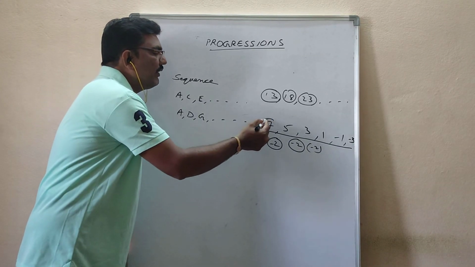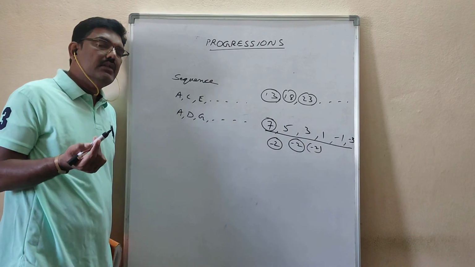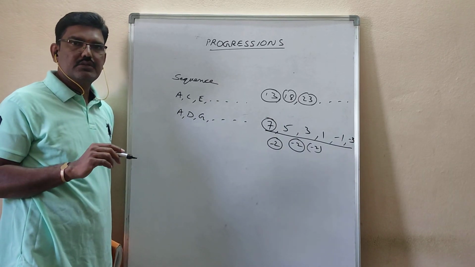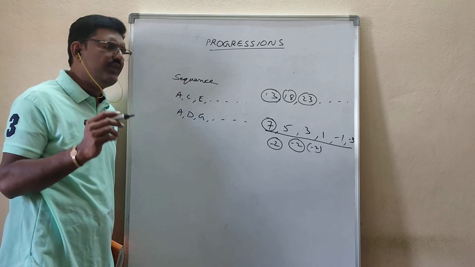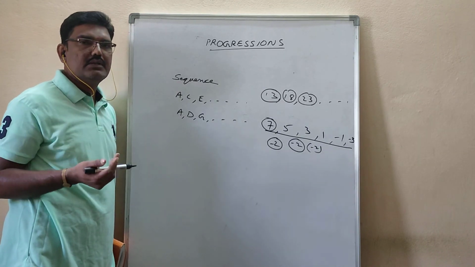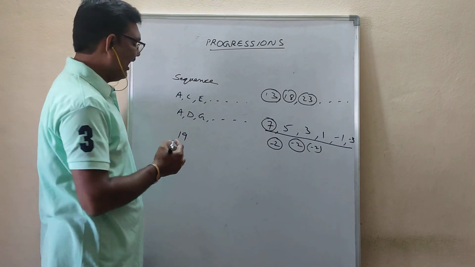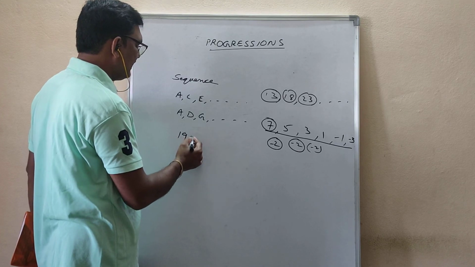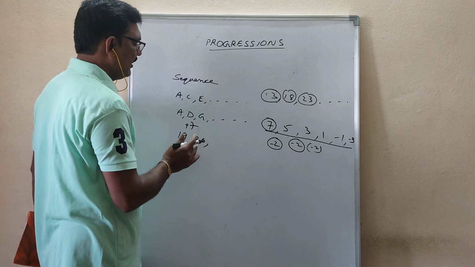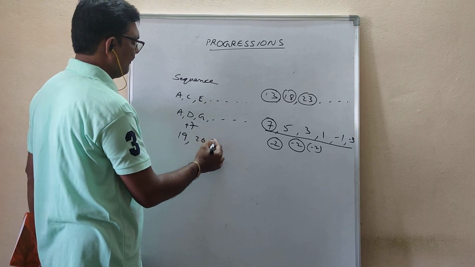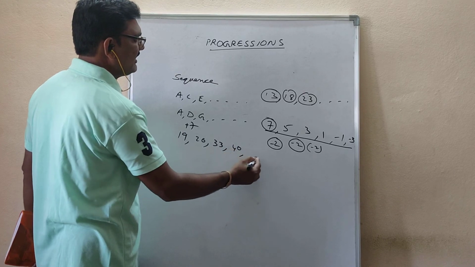For the first term either you have to do addition or subtraction, and that addition or subtraction should be the same for every term. So here I am taking 19 and adding 7 to it. 19 plus 7 is 26. 26 plus 7 is 33. 33 plus 7 is 40, etc.